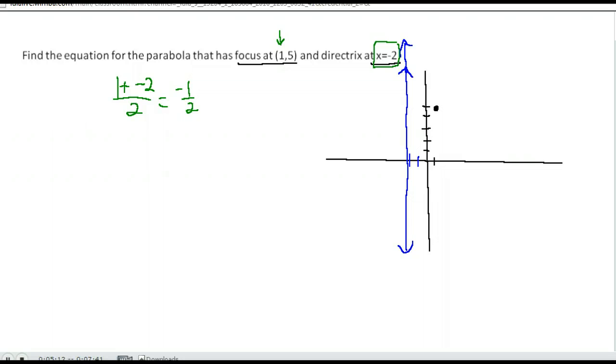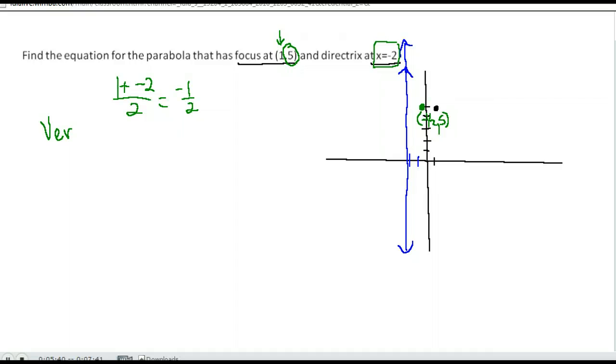So our x value for our vertex will be at negative 1/2. And it does need to be right in line with that focus point. So our vertex will be right here at the point (-1/2, 5). And we get that 5 because the y value of our focus point was 5. And it had to be right in line with that. Notice this couldn't go up and down because our directrix, it would run into that.